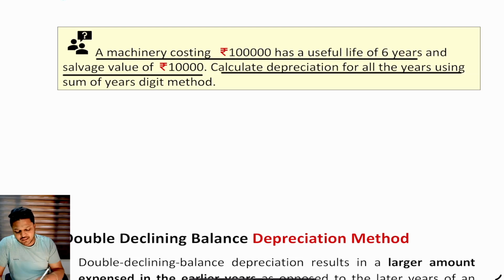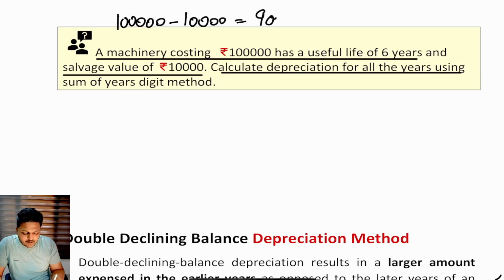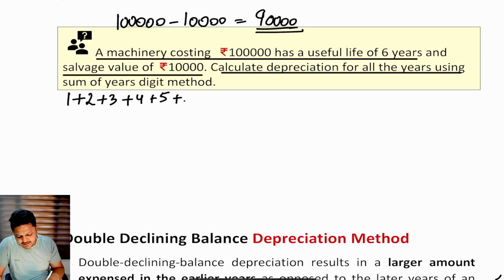So the machinery was valued at rupees 1 lakh, minus the salvage value of 10,000. So the amount upon which the depreciation is to be calculated is 90,000. And the sum of years digit method is for 6 years, because the useful life is 6 years. So it is 1 plus 2 plus 3 plus 4 plus 5 plus 6.